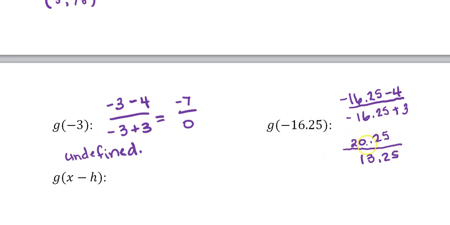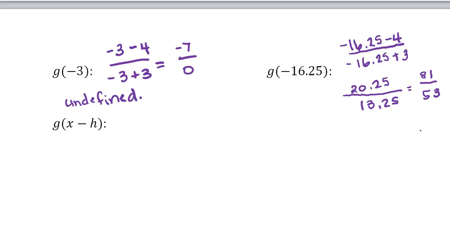If I wanted to make it so there were no decimals in there, that's going to be 81/53. There we go. So 81 over 53 is what we would have if we were to take it so that we have whole numbers in our fraction, which is probably the better way to format that.